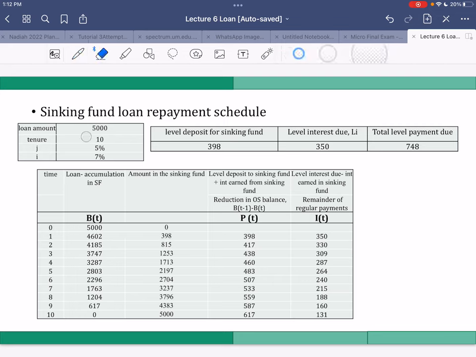This is an example of a sinking fund loan repayment schedule, and in this specific case our R_t is constant, or level.